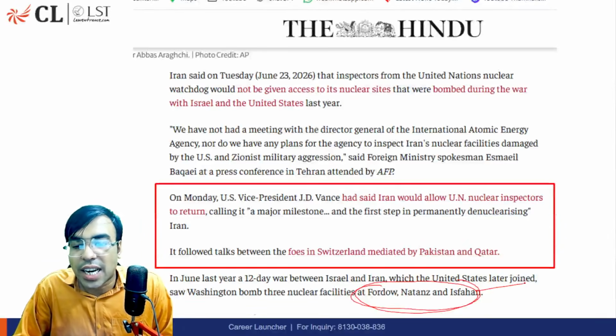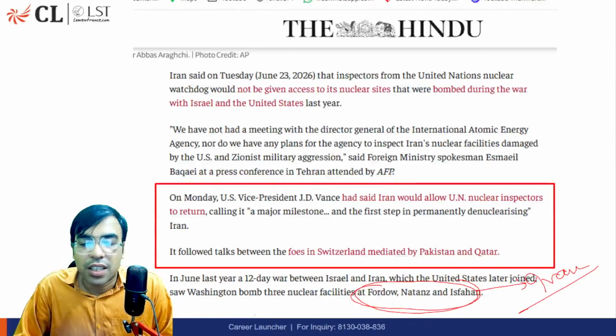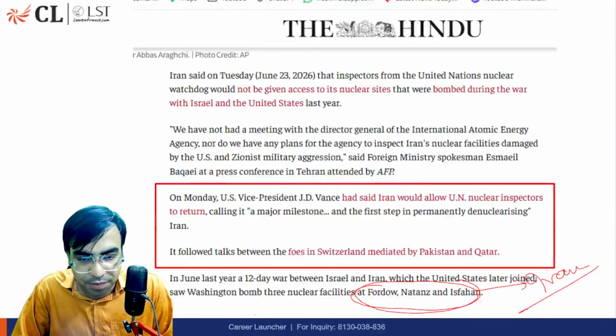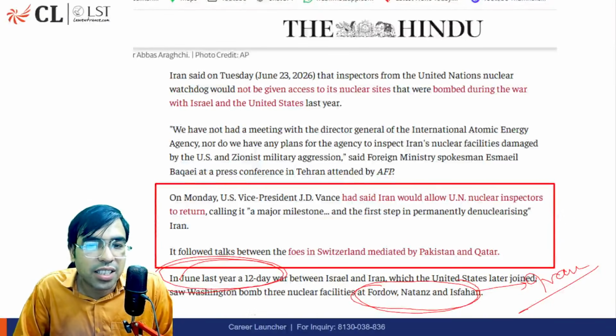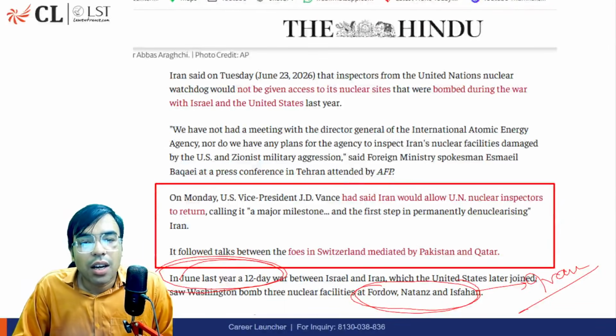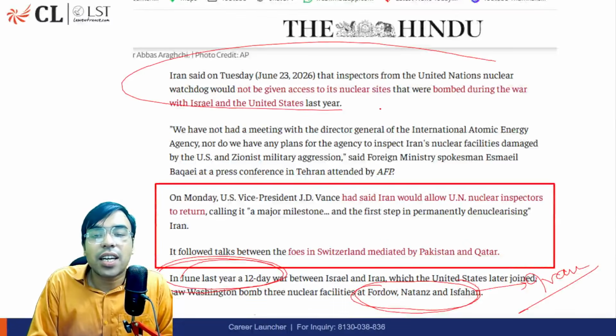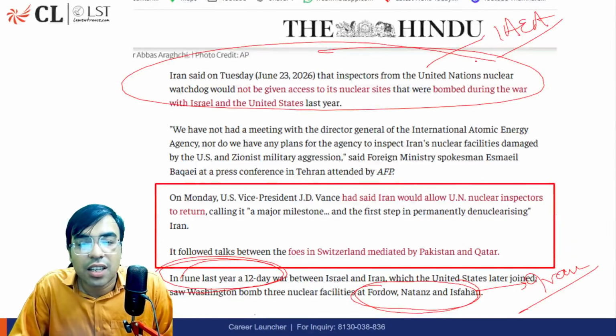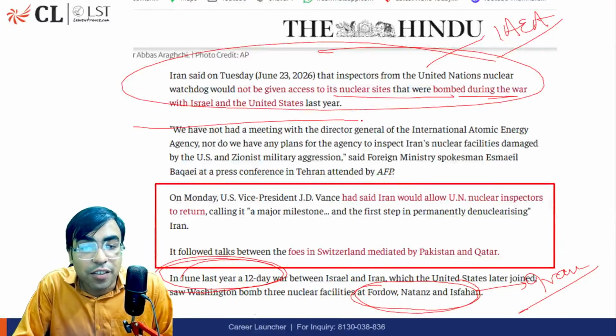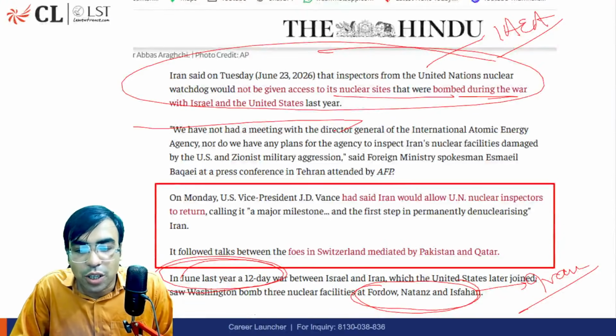These are the three nuclear sites in Iran that were bombed by the USA during this war. Last year also it was in the news; last year in June we had seen a war. Iran has said that it will not allow International Atomic Energy Agency officials to go and check the bombed sites. So that is what was in the news.